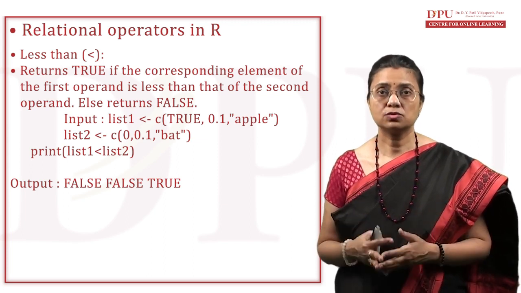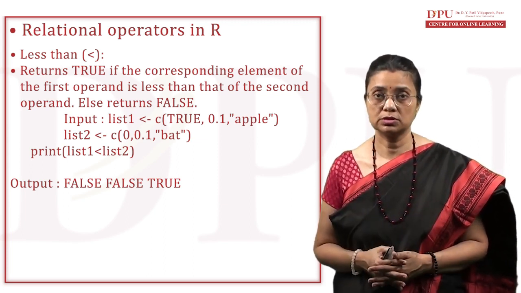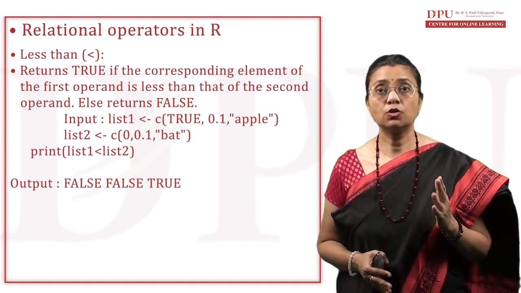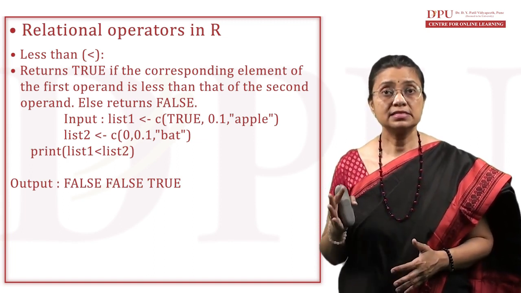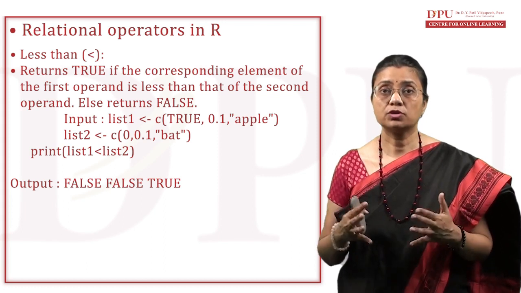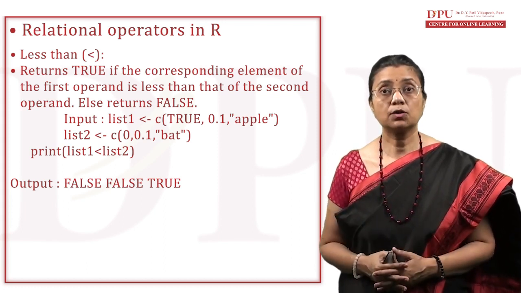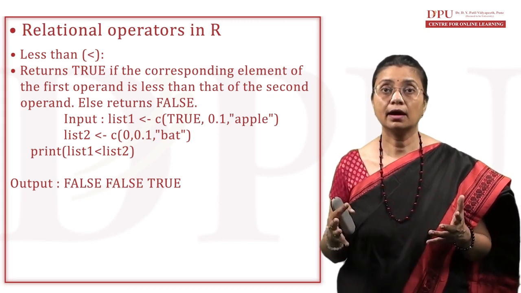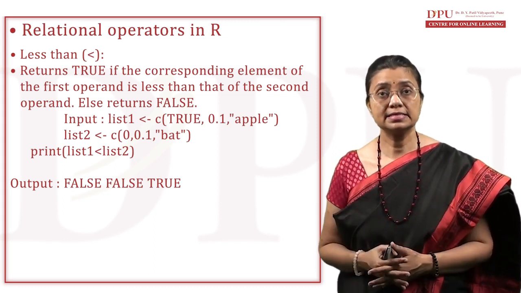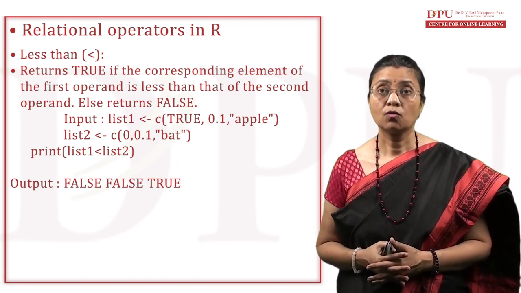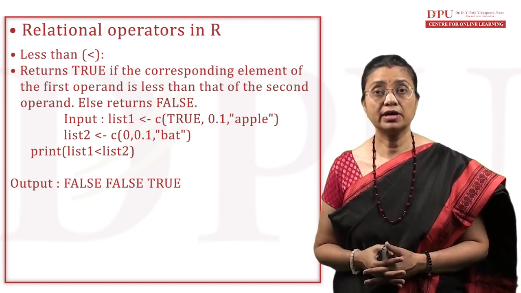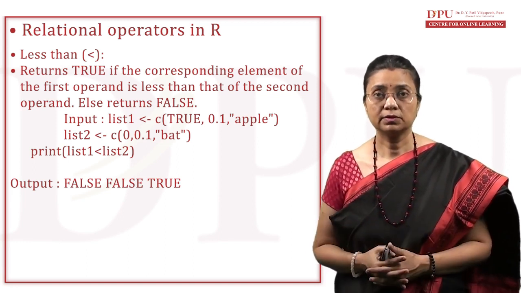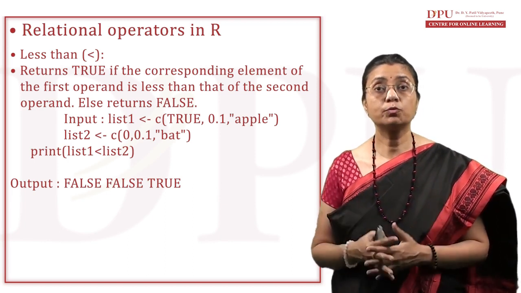Likewise, 0.1 is less than 0.1 is again false because 0.1 is equal to 0.1. Apple is less than bat, and here we get the output true.